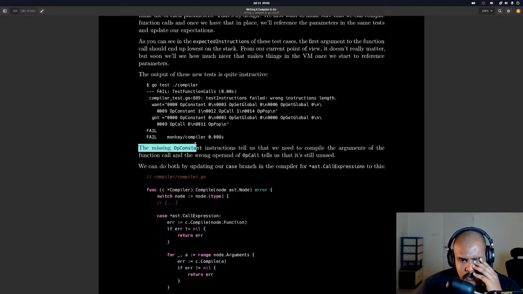The missing OpConstant, yeah, obviously, because we only added an operand.